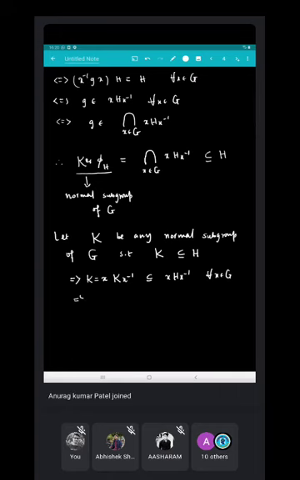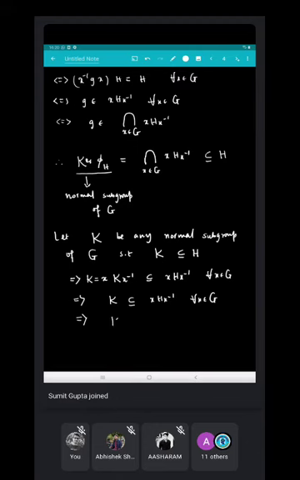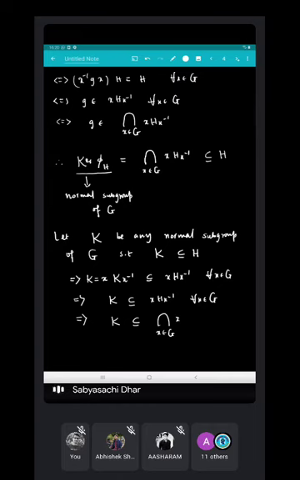So this implies that K is contained in xHx inverse for every x in G, and that implies that K is contained in the intersection over x in G of xHx inverse, which is equal to the kernel of phi of H, right?